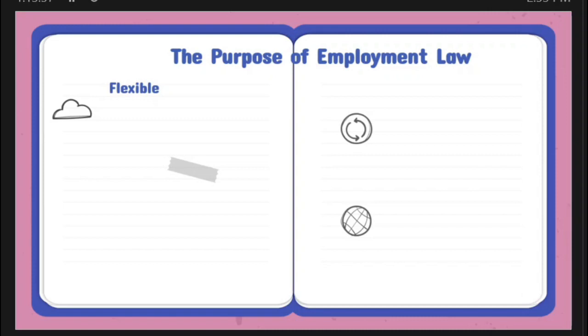Here, the Minister stated that they sought to create a labor market that was flexible, encouraging job creation and making it easy for people to stay in work and find work.